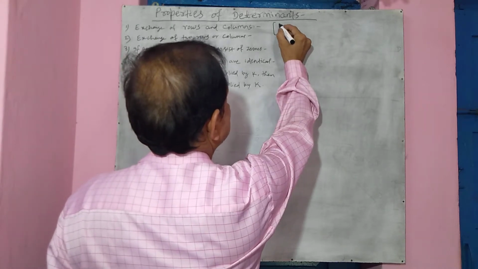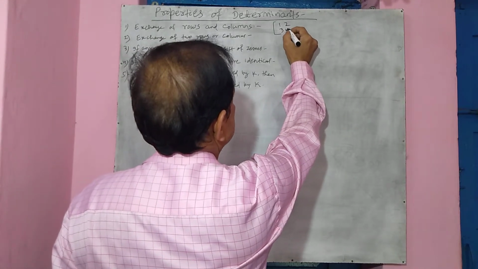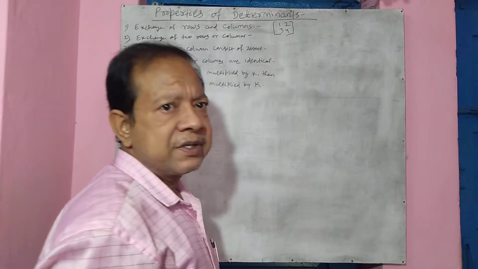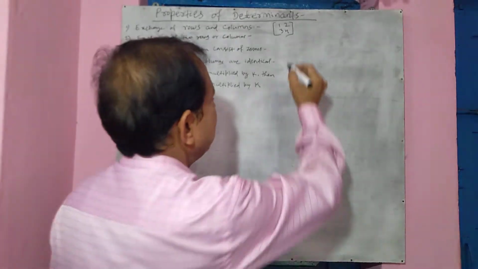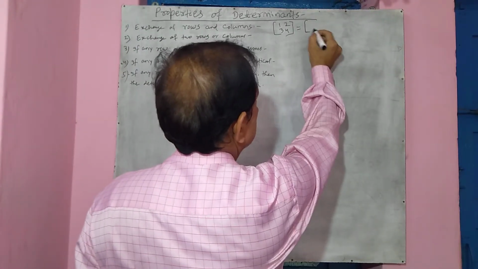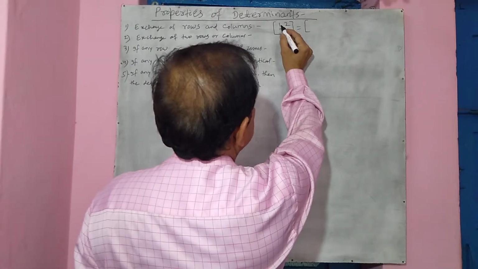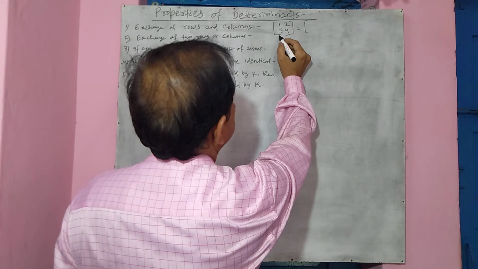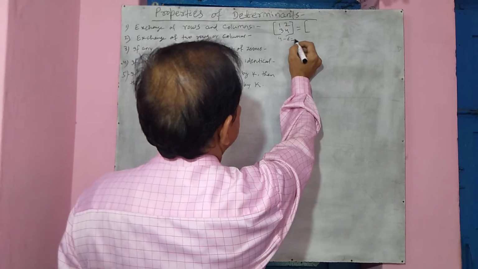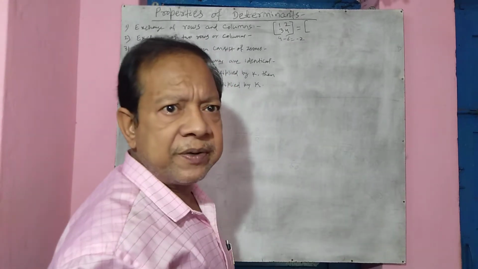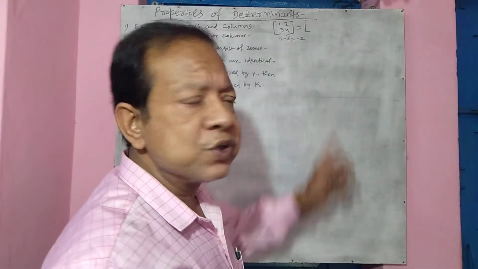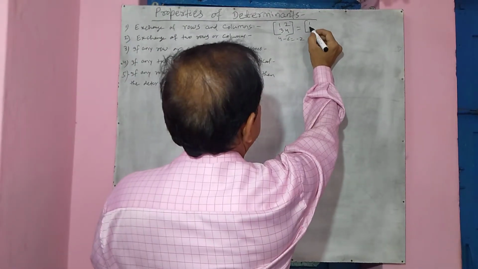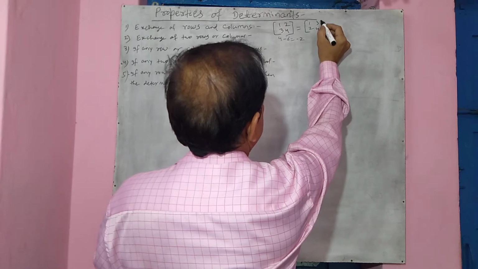Let's say I take a small second order matrix. This is 1, 2, 3, 4. Now let me exchange the rows into columns. This matrix determinant will be 4 minus 6, which is equal to minus 2. Now if I exchange the rows and columns, I will write 1, 2 and 3, 4.